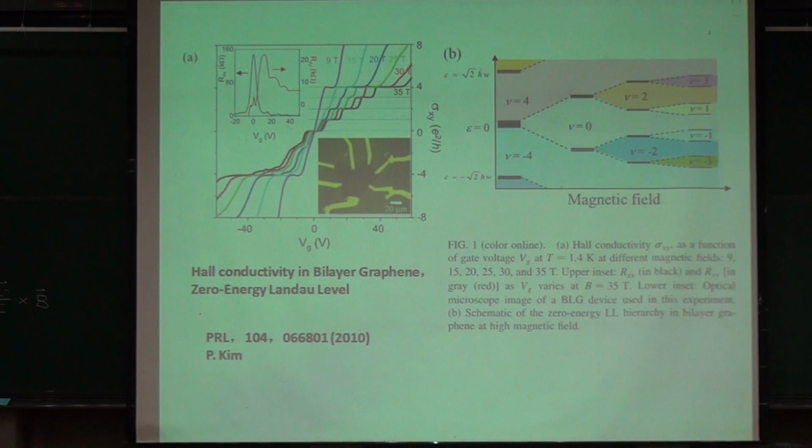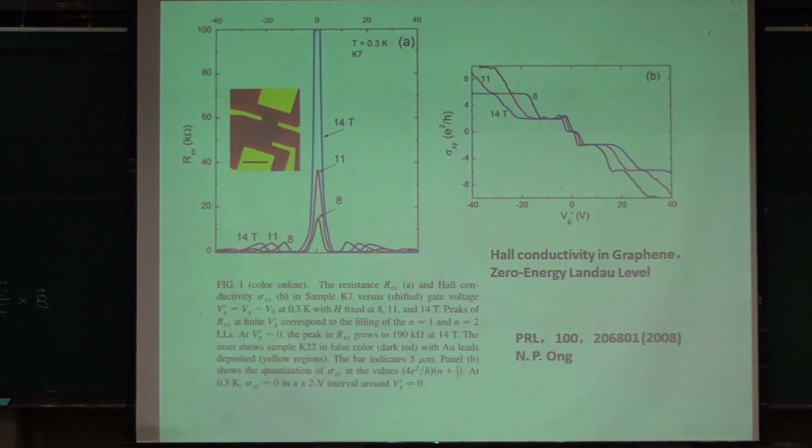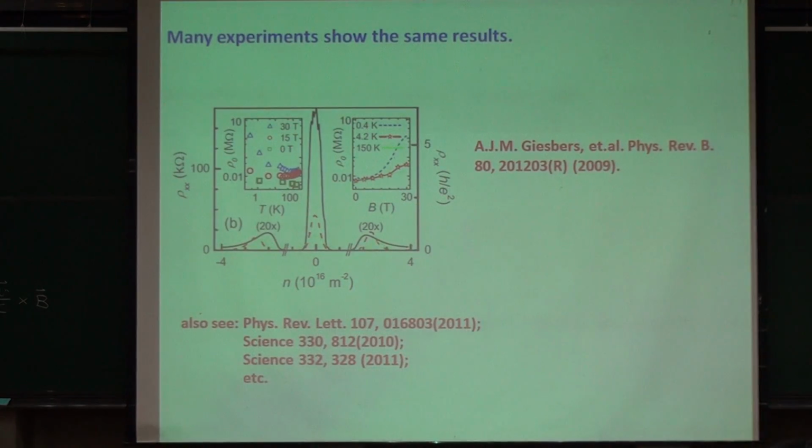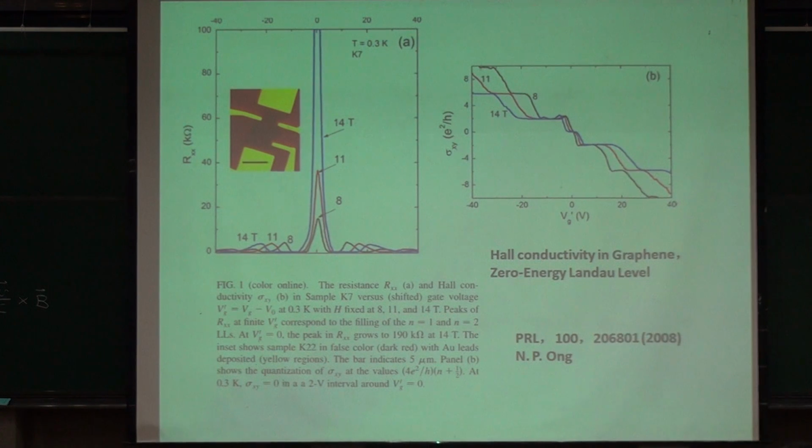I guess here could be the sample, like these two contacts. So Rxx is just measuring these two. You have current passing through, then you have a voltage difference between these two.